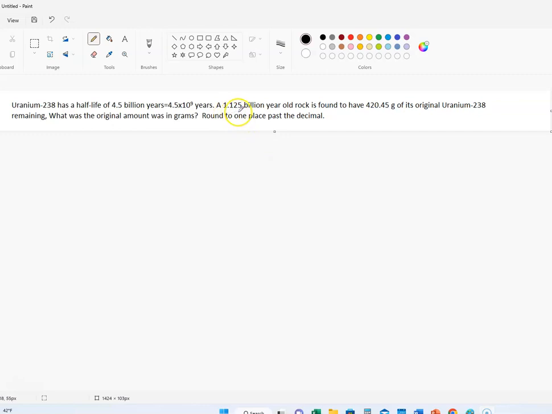A 1.125 billion year old rock is found to have 420.45 grams of its original uranium remaining. So this is the amount remaining. That's a little different than the problems that we've had so far. And it says, what is the original amount?